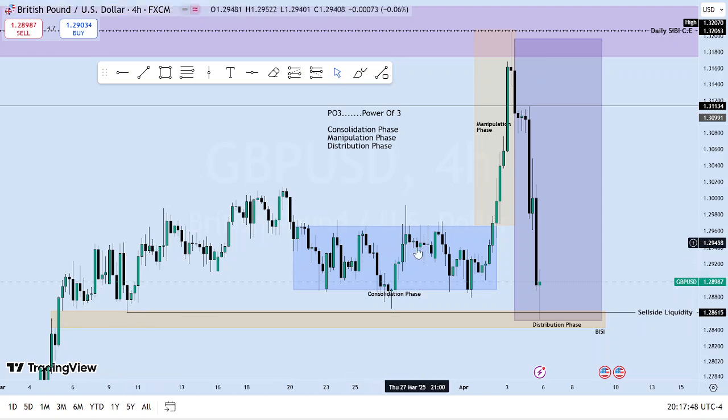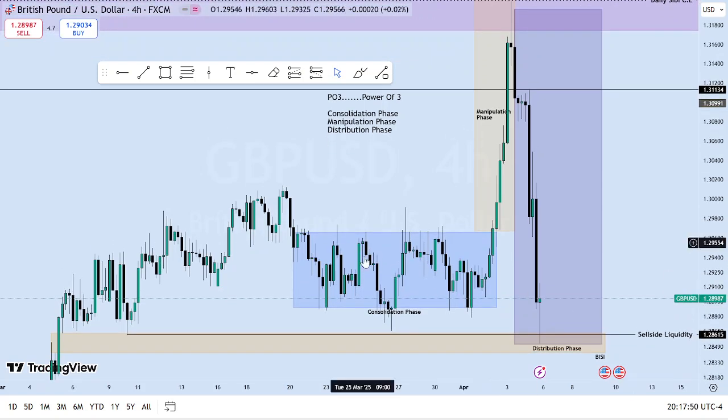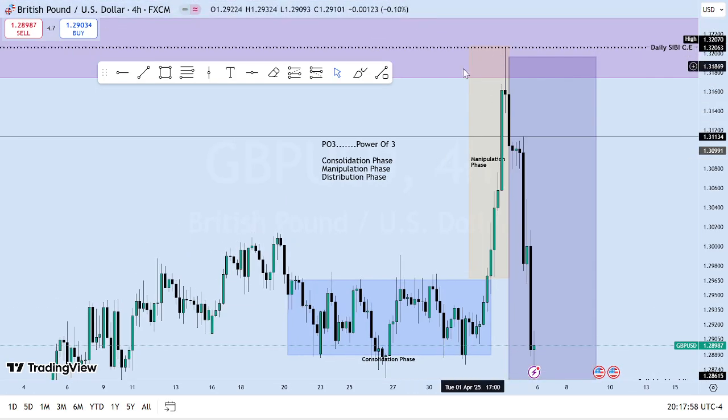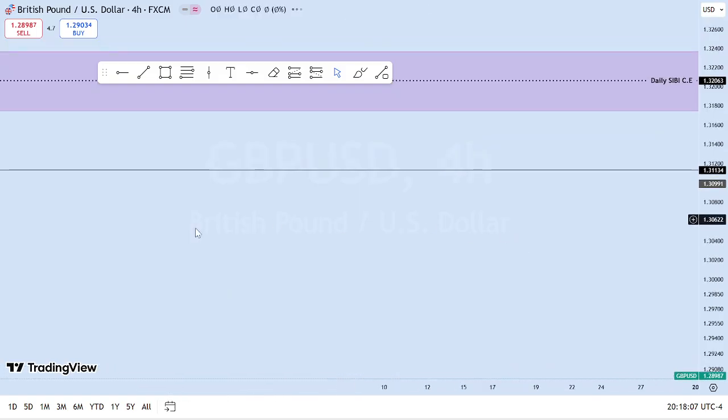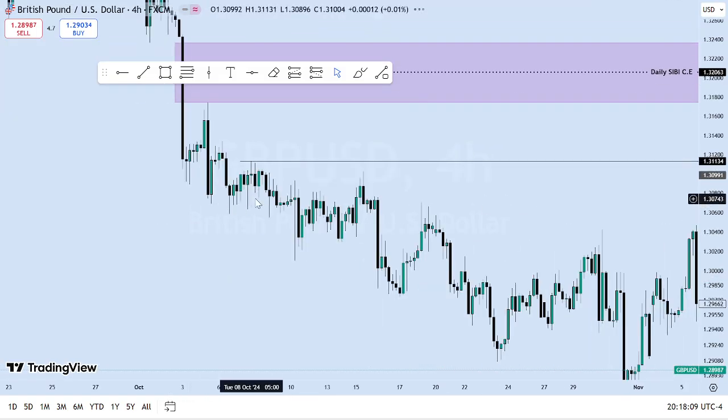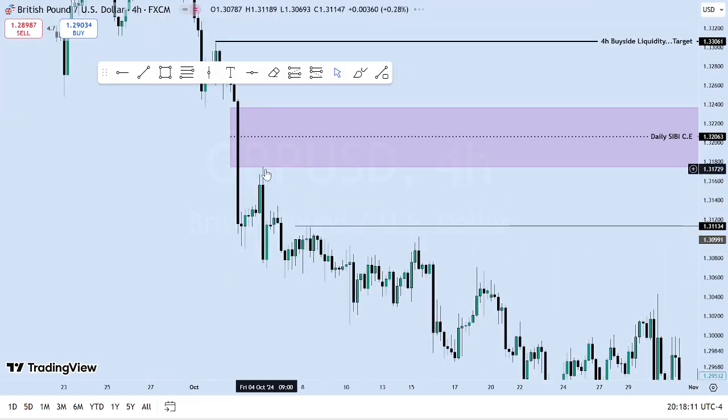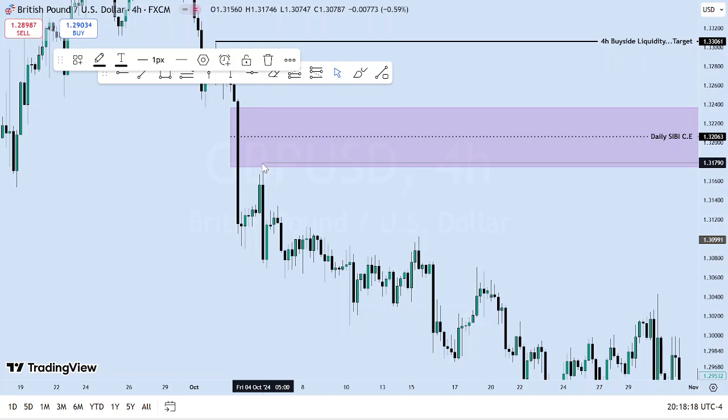Anytime you encounter price action like this, a consolidation, and you had a manipulation phase, then delivering inside an inefficiency, taking out a buy side liquidity as it took out the daily buy side liquidity over there, the previous high over there.